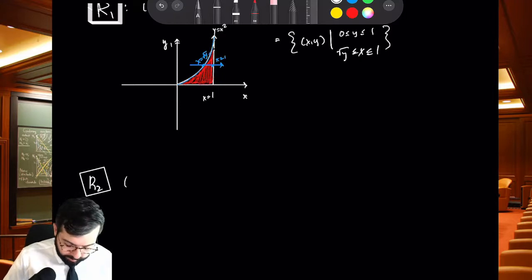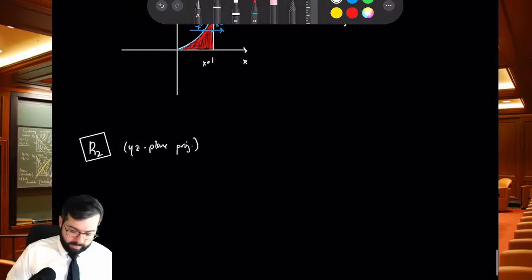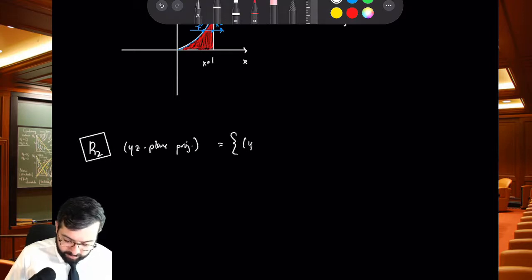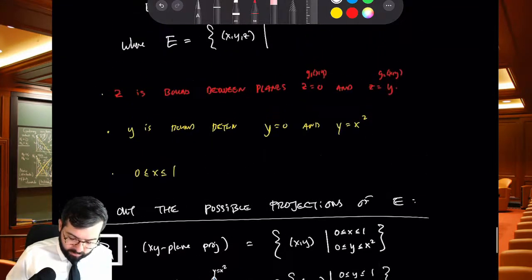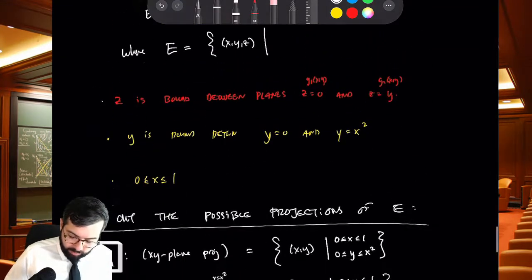So the other way we could think about this is the yz plane projection. And so we know this is going to be the set of points yz where, well, we're going to have to do a little bit of work here. We know z is bound between 0 and y for its values.